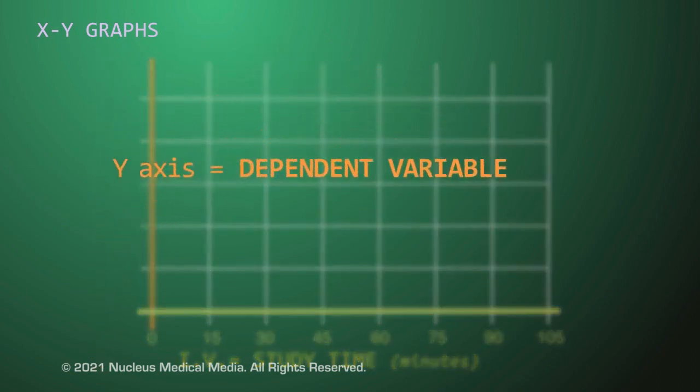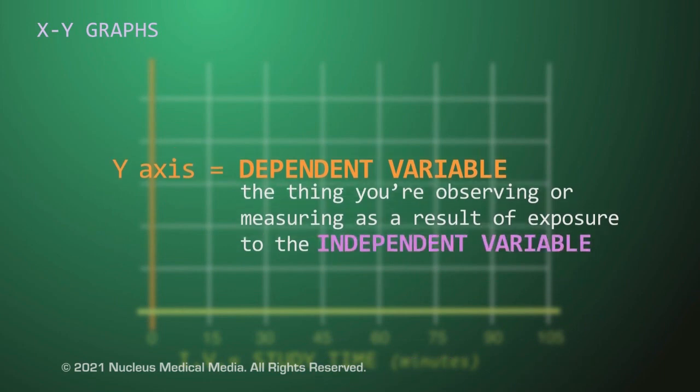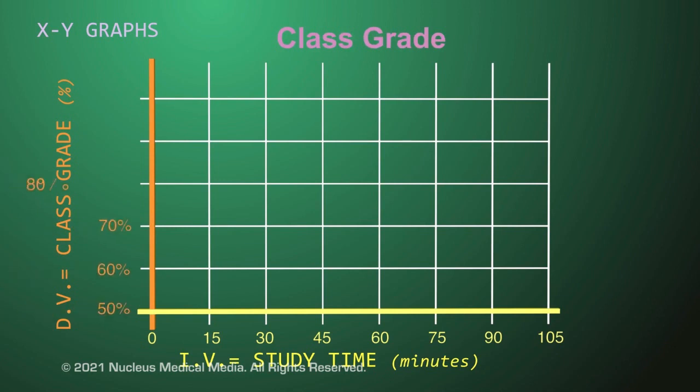You may recall that the dependent variable is the outcome you're observing or measuring as a result of exposure to the independent variable. For example, the dependent variable could be the grade that corresponds with how long a student studied.